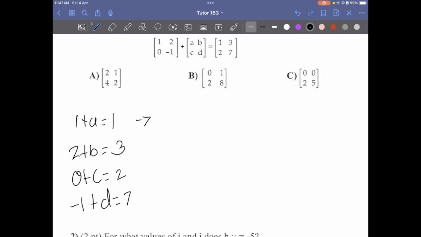So this would be A is equal to 0. So when you transpose and send 1 over, that would be 1 minus 1, which is 0. This would be B is equal to negative 1. When you transpose 2, it would be negative. That would be 3 minus 2, which would be positive 1, not negative 1.